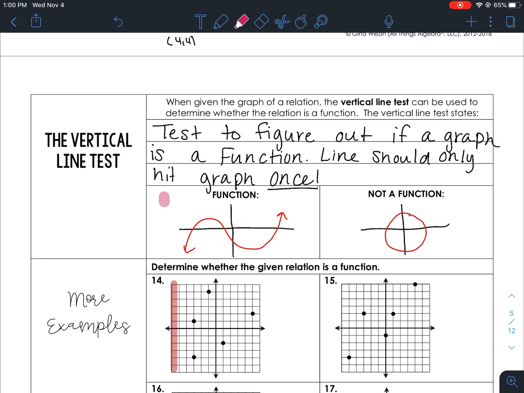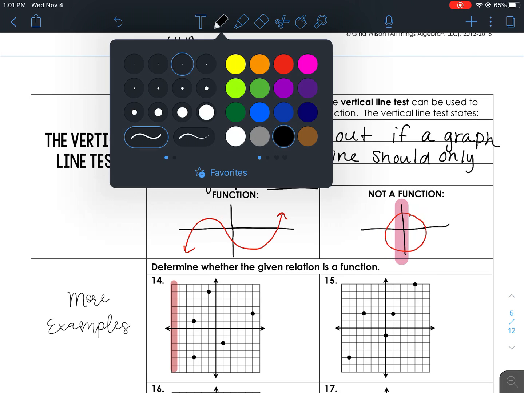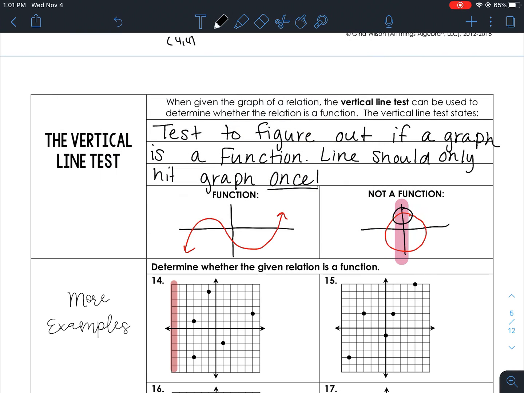I'm going to go ahead and draw. Perfect. So as I move this across, you'll see that it only ever touches that highlighted line once. If I take it over to my non-function, you'll notice it is now touching my line twice. Once here and once here. Can't have that. Let's go ahead and show some more examples.